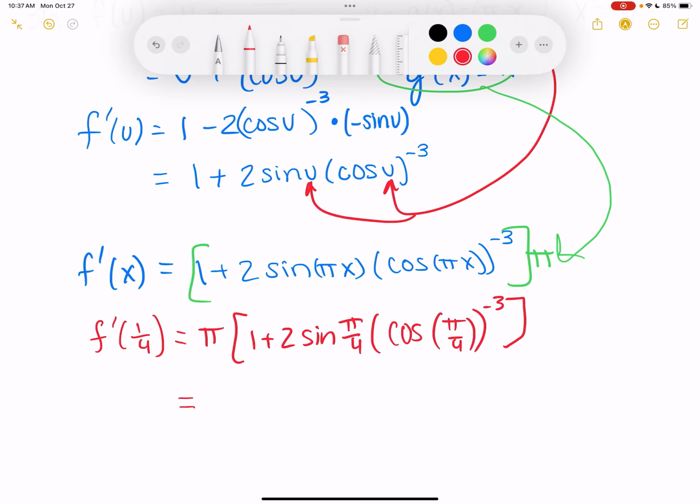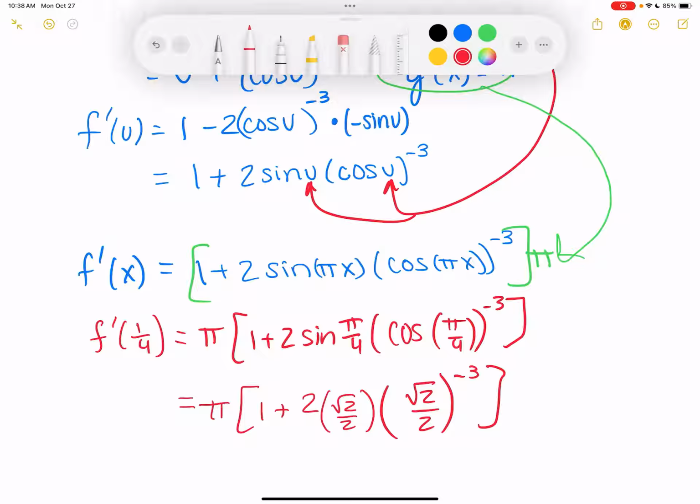So we've got pi times 1 plus the sine of pi over 4, which is root 2 over 2. So I've got 2 times root 2 over 2. And then times the cosine of pi over 4, which is also root 2 over 2, but it's raised to the negative 3. So essentially, what I'm going to end up doing is flipping this over and cubing it.